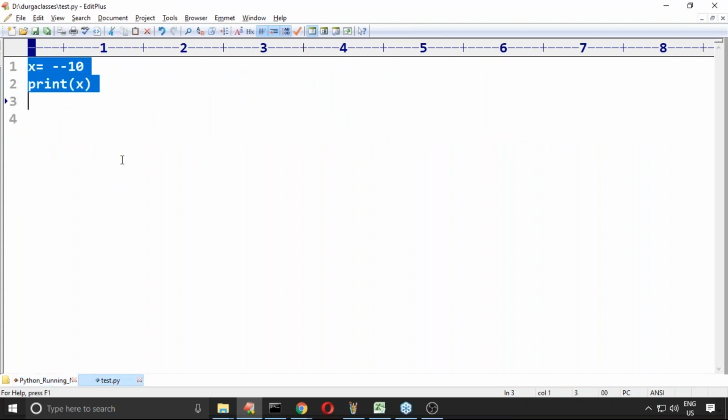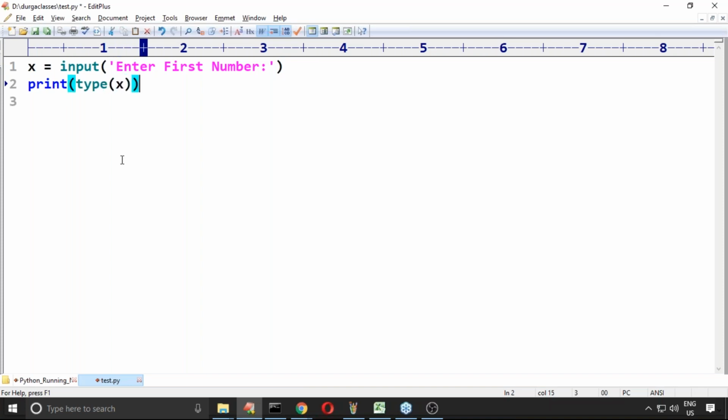Now here x is equal to input of enter first number. Can you please print type of x? What is the type of x? Anyone, can you please tell?